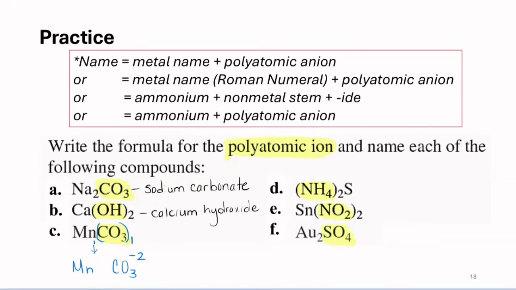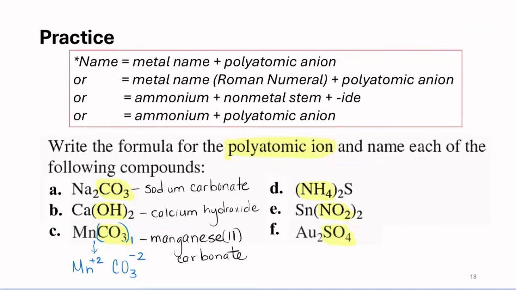So overall, manganese has a +2, carbonate has a -2, and because they cancel each other, that's how this chemical formula resulted. Now that I have the correct charges for my variable charge cation and my polyatomic ion, I can name this compound, which is going to be manganese, Roman numeral 2, carbonate.